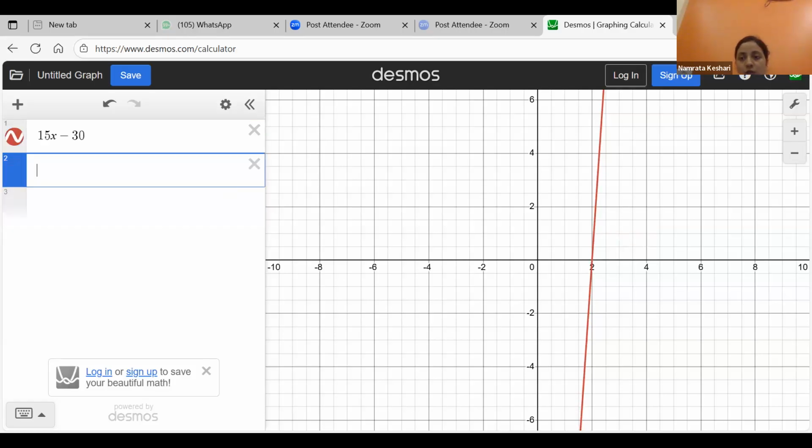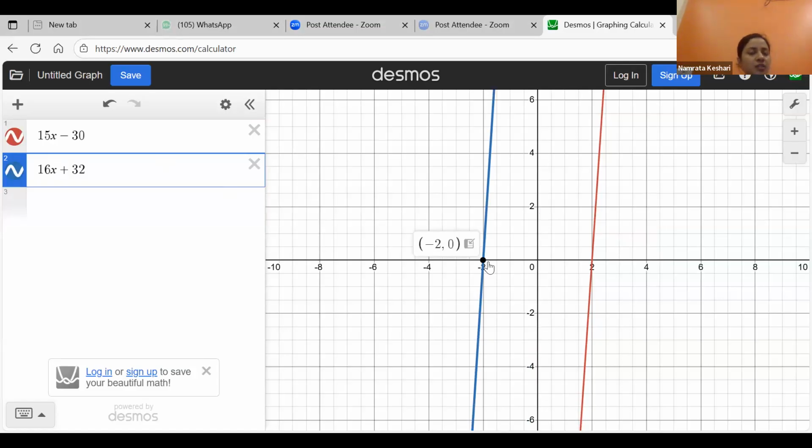Okay, and you have also worked on one more question. 16x plus 32. Let me take it over here and show it to you, because when we see it, then our mind will get convinced. Here, with 16x plus 32, you got the zero as minus 2, right?